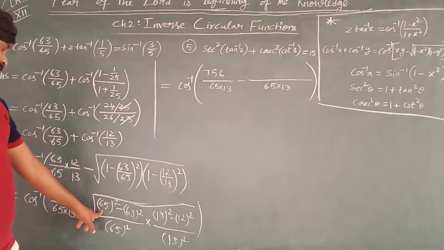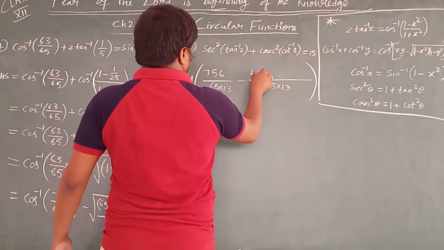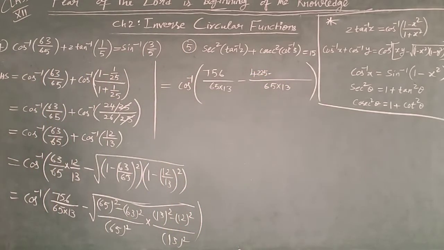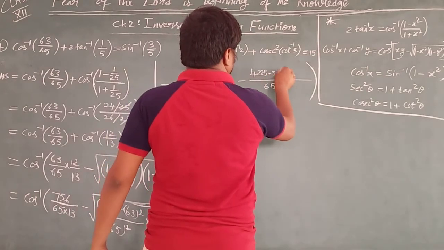And now 65 square is nothing but 4225. So 4225 minus 63 into 63, 3969. So you can write here 3969.